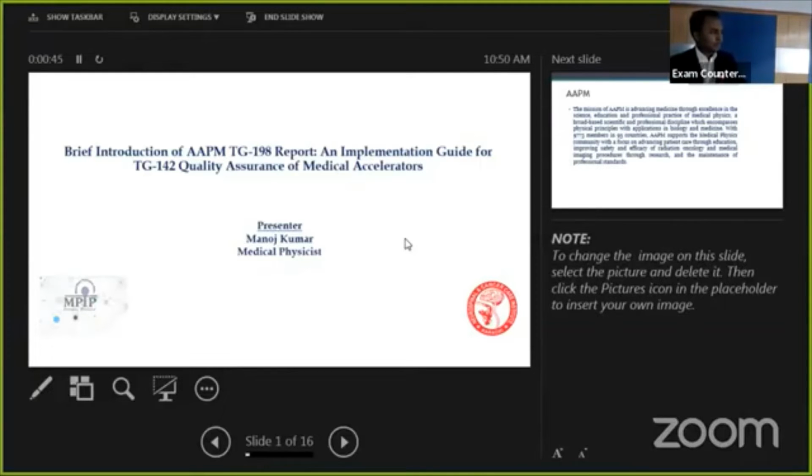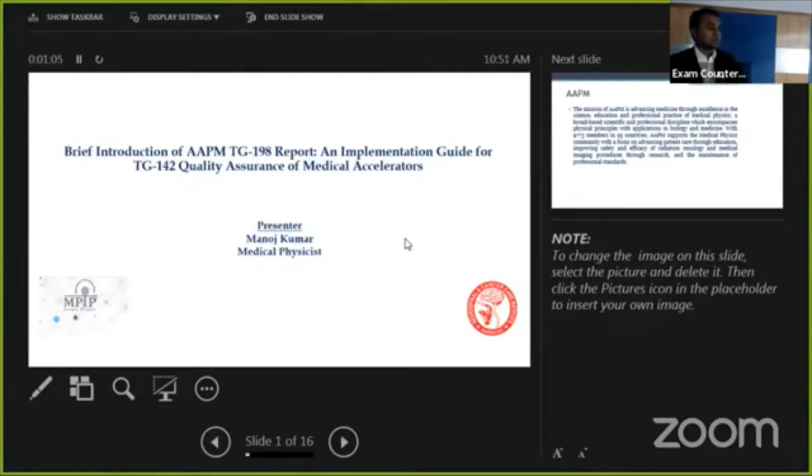After completing the certification, I was appointed there in Aga Khan as a medical physicist, and I served there for 2 years as an on-job employee. And then I switched to NCCI hospital, where I'm currently working as a medical physicist for the last 2 years.